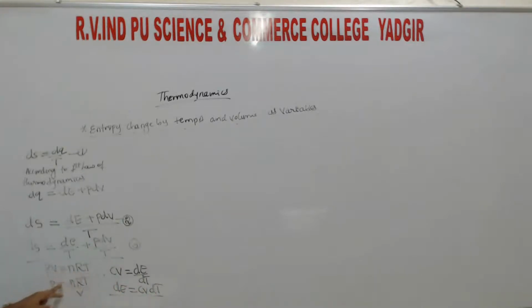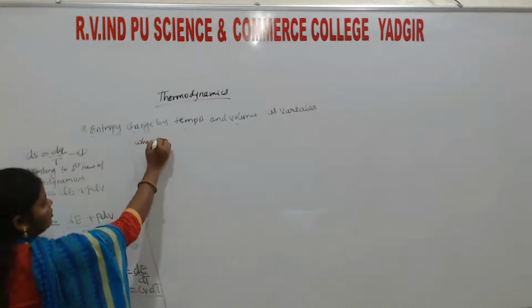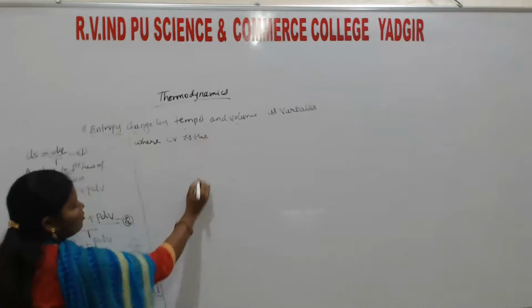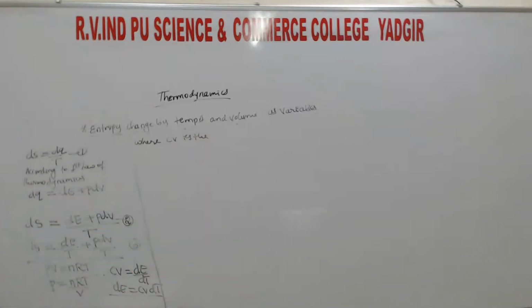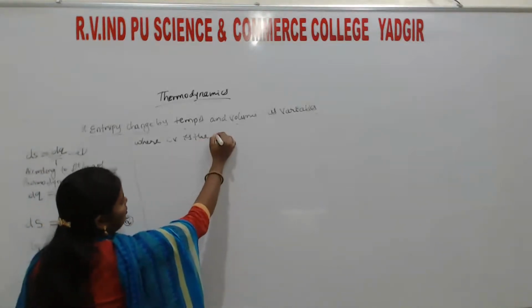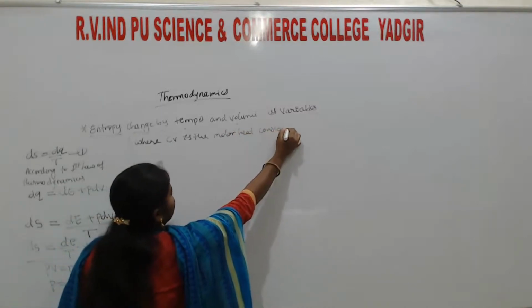And PV is equal to nRT, so P is equal to nRT by V. Here CV is the molar heat at constant volume.